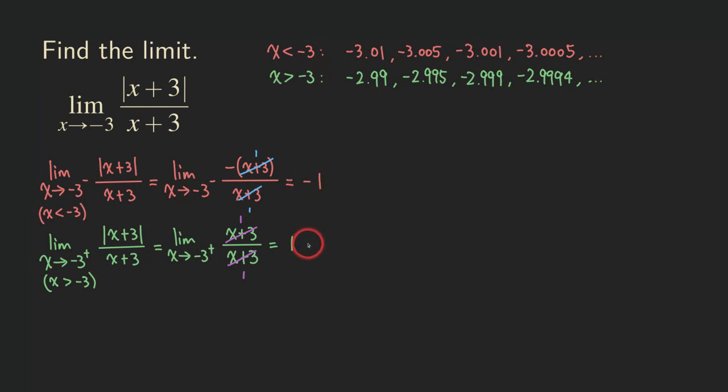Then you may say, how do we know that we are done? Because we already computed the two one-sided limits and they're different, right? They're not equal. And what can you say about the two-sided limit? Then this two-sided limit does not exist. Okay, so we need to write this down right here.